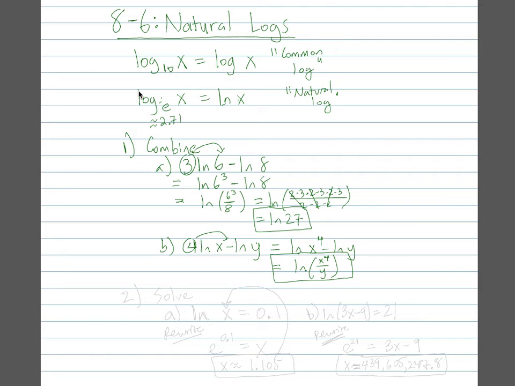Okay, any questions there? How we combine them? Bring the 4 up top and then combine it just like Juwan said, with division, right? So you've got subtraction, so it just combines with division. Any questions there? Same thing, ln is a log, so there's nothing new here.